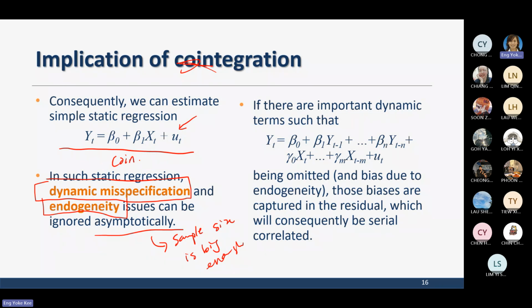Okay, so first we look at dynamic misspecification. Dynamic misspecification means we omit the dynamic term in the model. Dynamic means what? Changes. Changes means what? Short run.